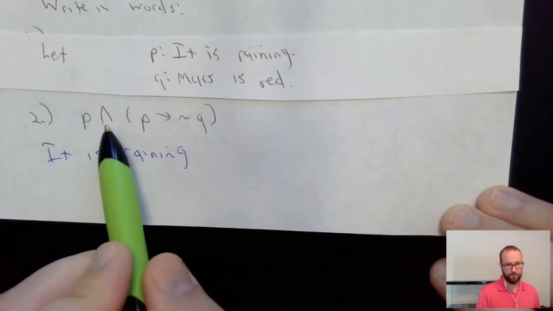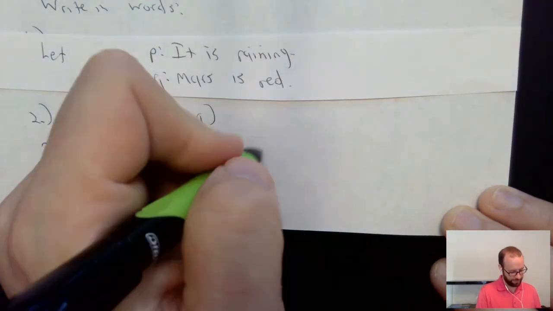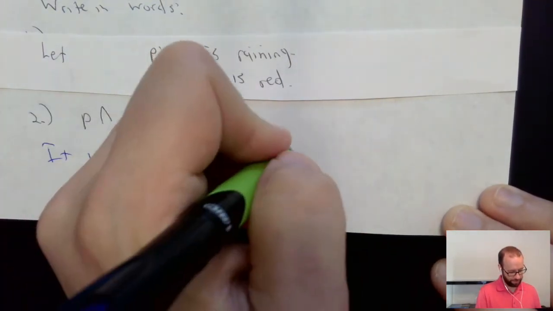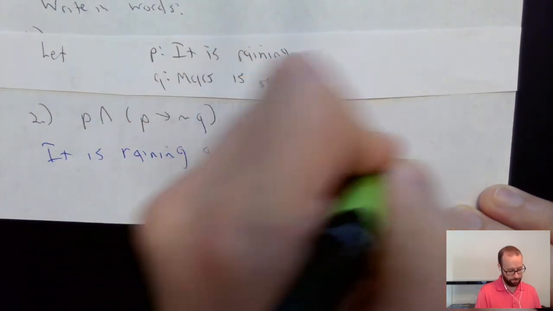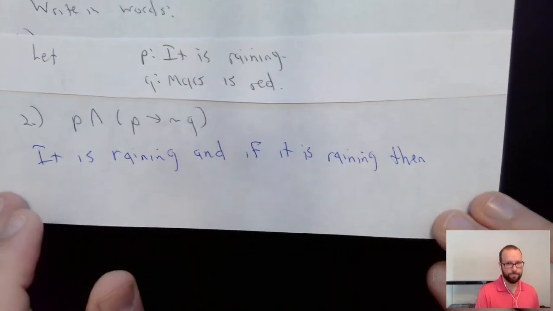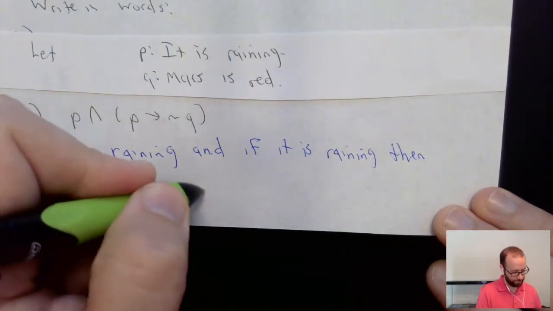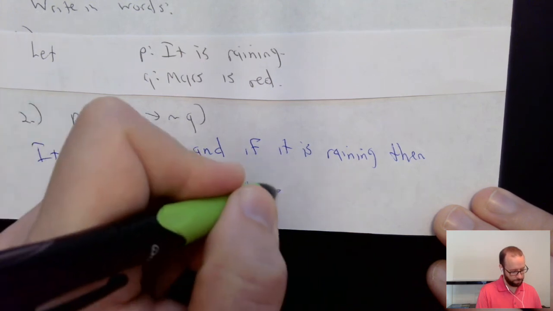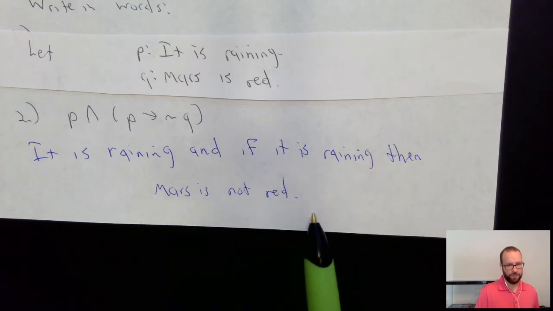This looks like a capital A without the crossbar, so that must be and. And then now I'm to this conditional, so I'm going to write if, let's say P is, it is raining. Then Q, negation of Q, Mars is not red. Okay, it is raining, and if it is raining, then Mars is not red.